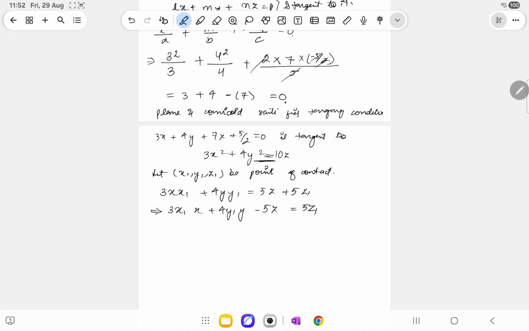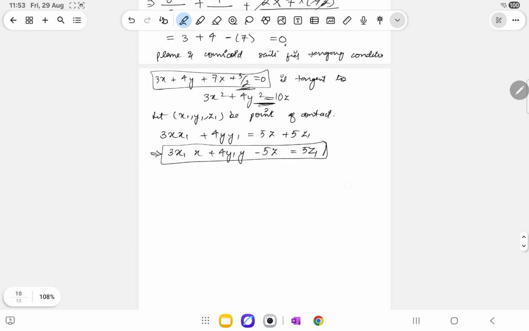If this is the tangent plane to this conicoid, then the given plane and the plane we have assumed must represent the same plane, so their direction cosines of normal must be proportional. So using that result, I'll get 3x1 by 3 is equals to 4y1 by 4 is equals to minus 5 upon 7 is equals to 5z1 upon minus 5 by 2.